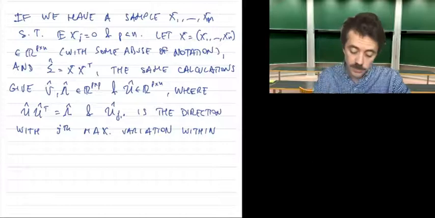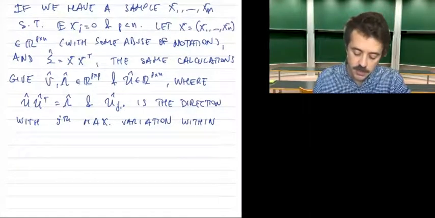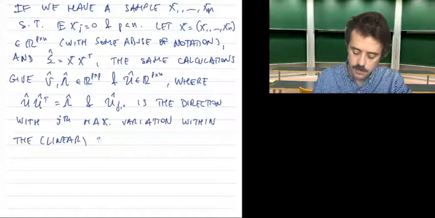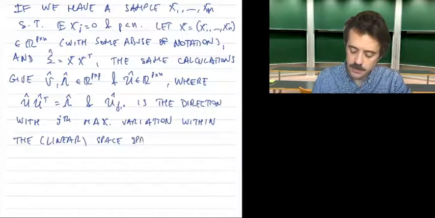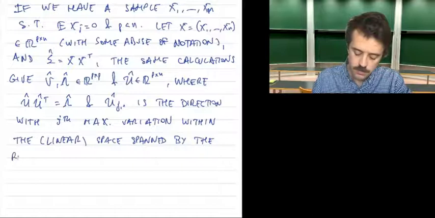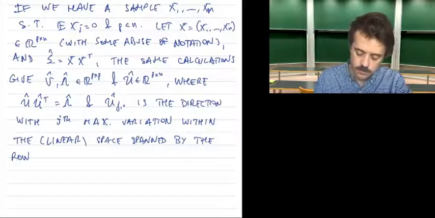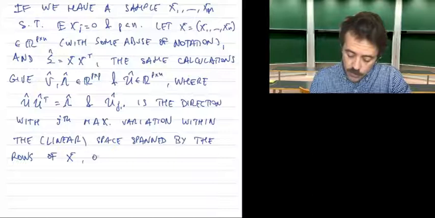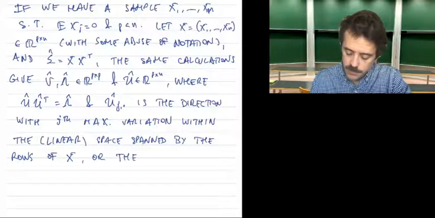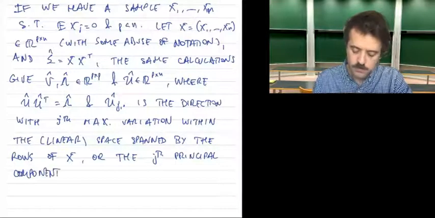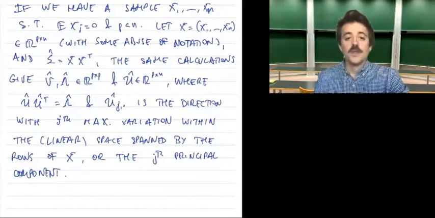And what space is this? You can check that this is within the linear space spanned by the rows of X, or what is called the jth principal component.